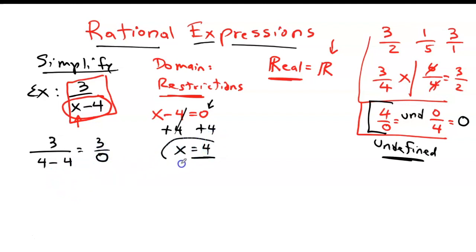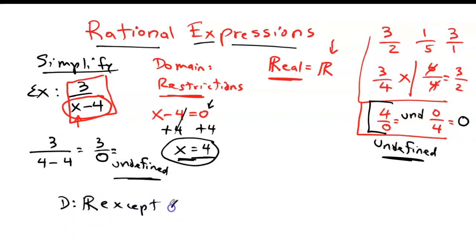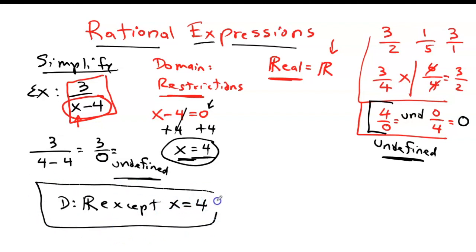So when the x is 4, my expression turns into 3 over 0, which is undefined, and that's not possible. So the value that makes my expression undefined is when the x is 4. Therefore, I don't want this. My domain will be all real numbers except when the x equals 4.